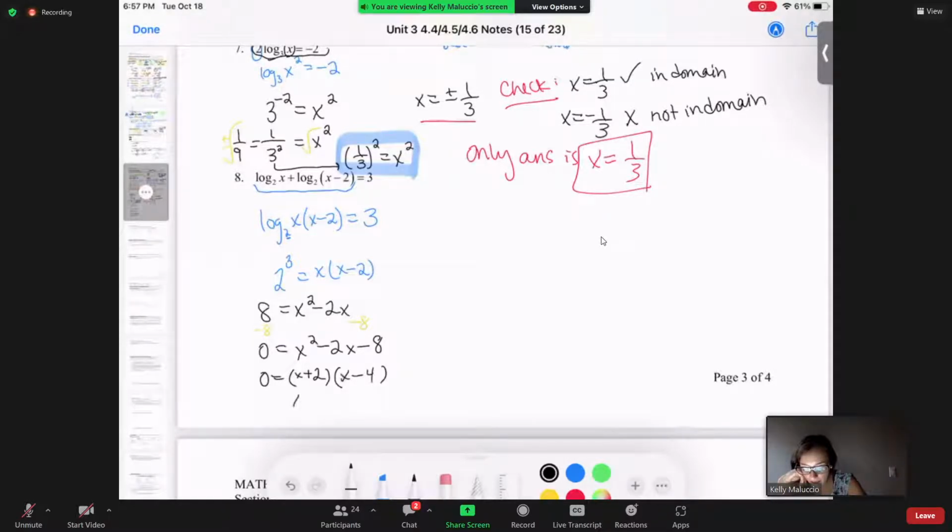I get x is negative 2 and x is 4, but look back at what I have here. I have log base 2 of x and x minus 2. If I plug in negative 2, this is out of the domain. And so this one is my answer, because this one is good.